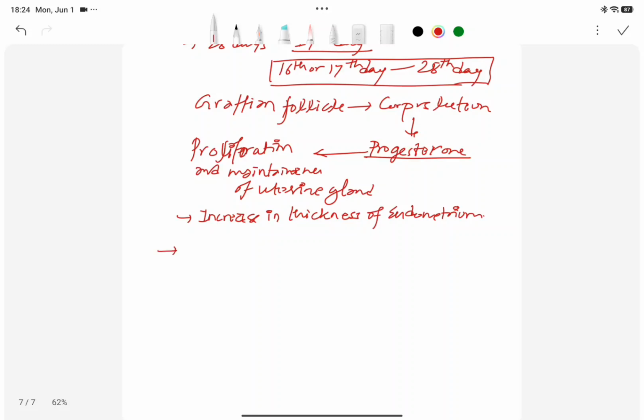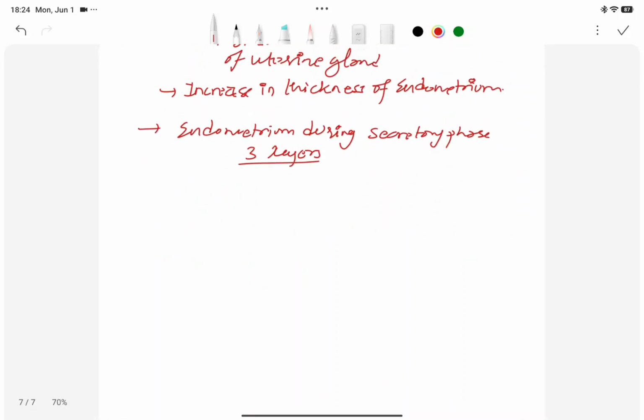As a result, the endometrium during the secretory phase has 3 layers.